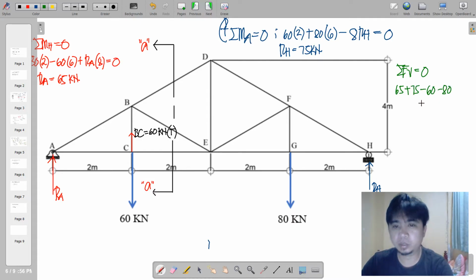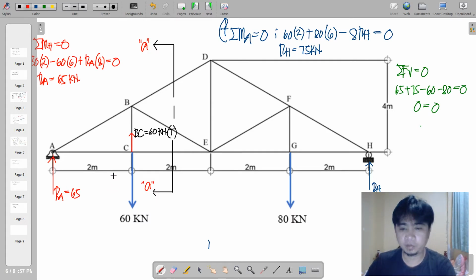We deduct the two downward forces here and it should equate to 0. If we have correct reactions computed, it really would equate to 0. So now that we are assured of our reactions, we can place here what we need, which is RA, equal to 65 kilonewton.